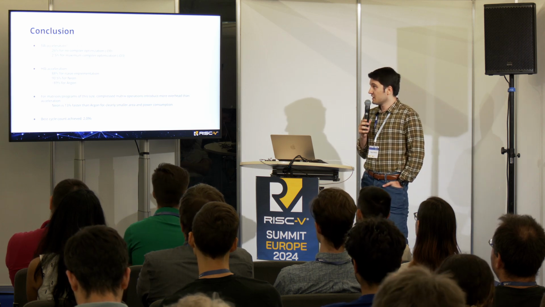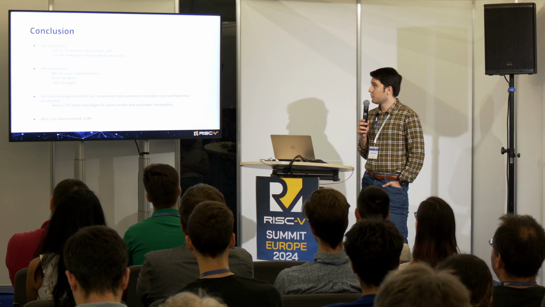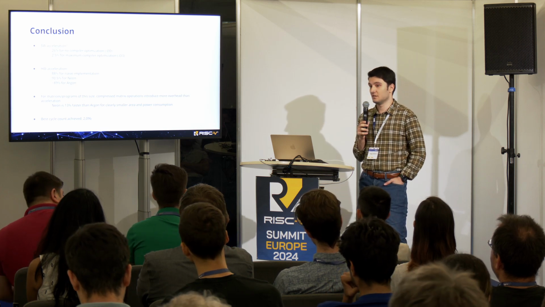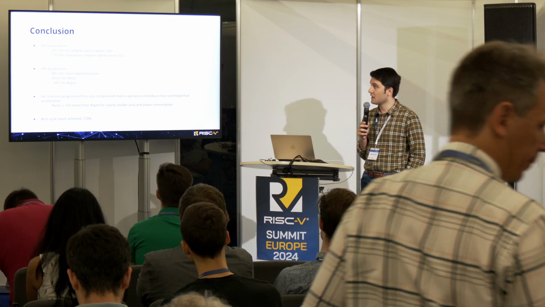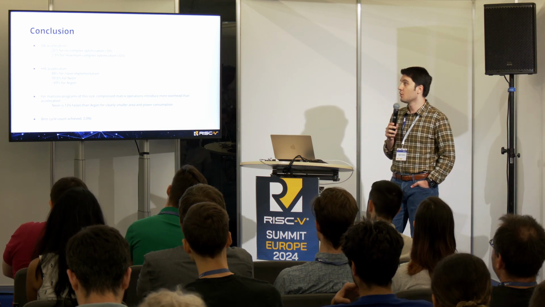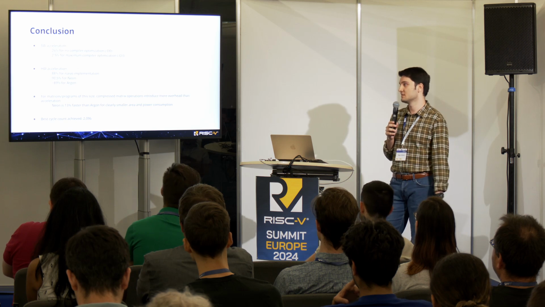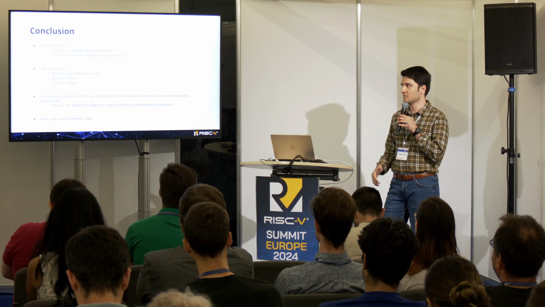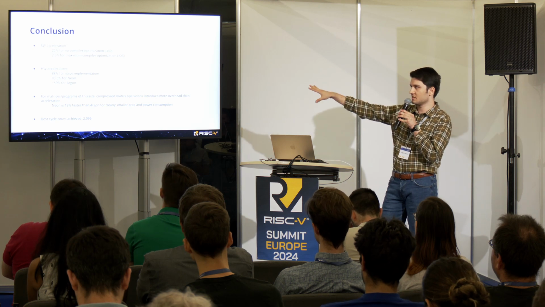And this is the final result I got. For no compiler optimization, 26% improvement. For compiler optimization, 2.5% improvement on the software side alone. This is the software side alone, and this is the hardware side alone.